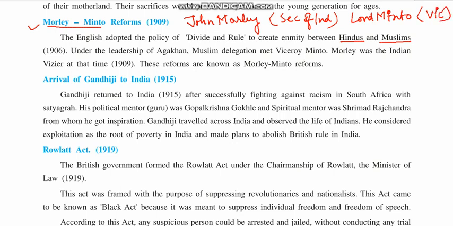So this was an act which was passed in the British Parliament in 1906, and basically this was a type of divide and rule policy which was introduced.